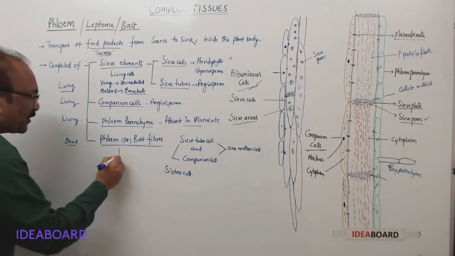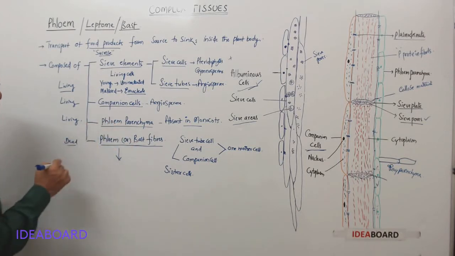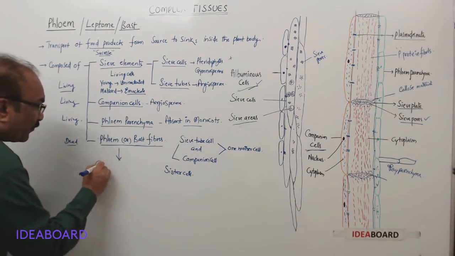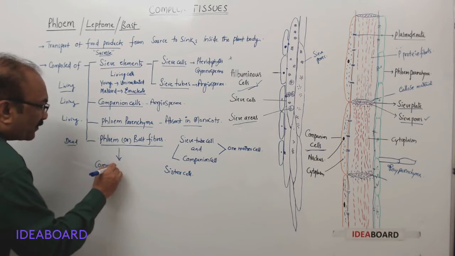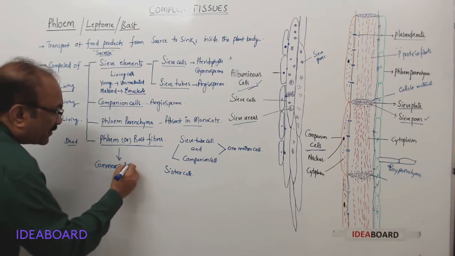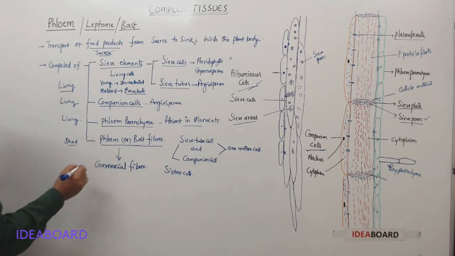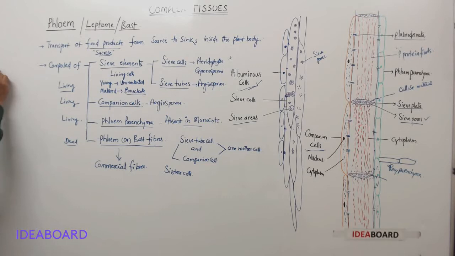These bast fibers provide strength to the phloem, but we also make use of them. That's why most of the fibers that are used by us are called commercial fibers, for example, jute fibers and hemp fibers.